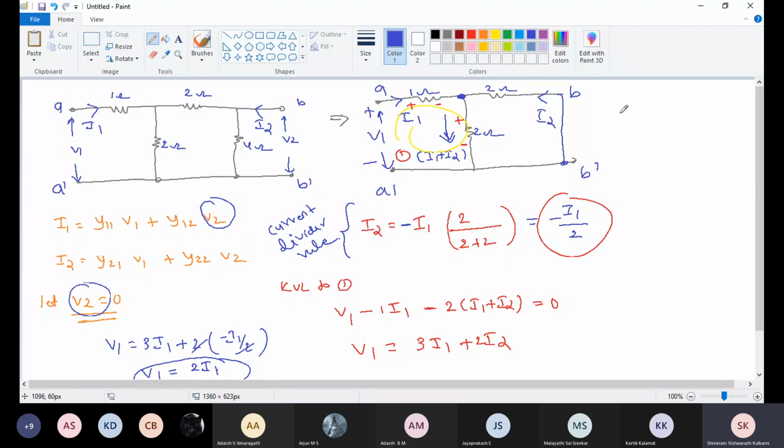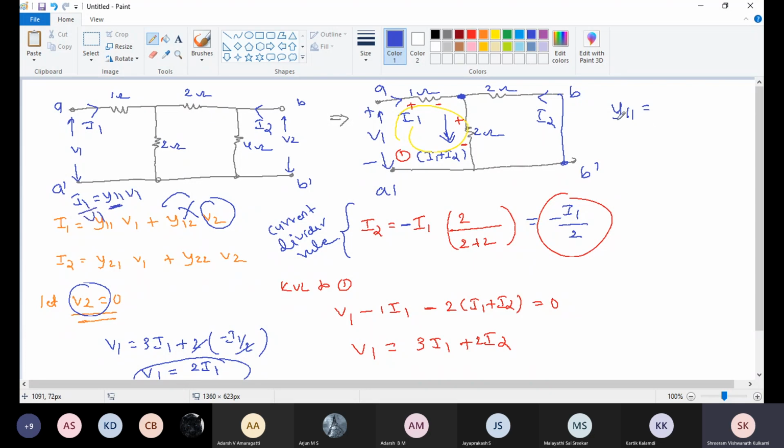Now put V2 equal to 0 in the equation. The second term becomes 0, so I1 equals Y11 V1, which means Y11 equals I1 by V1.